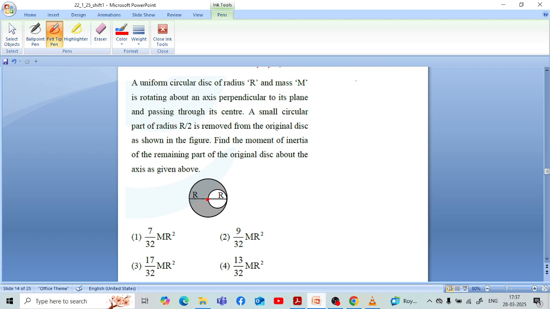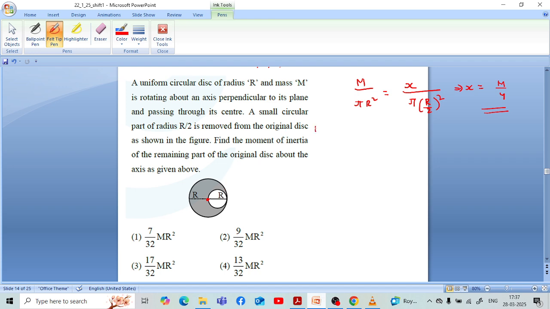So we can write for the original, mass upon area, m upon pi r square, should be equal to x, suppose x is the mass of the removed part, so x upon pi r by 2 whole square, because the radius of the removed part is r by 2. Solving this, the value of x comes out to be m upon 4. This is important for the further calculations, the mass of the removed body.